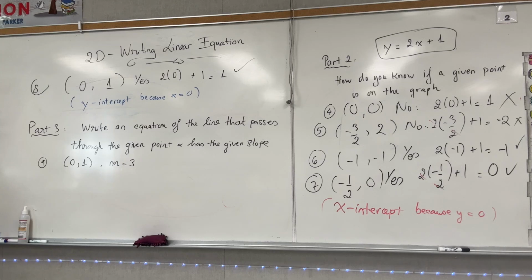It is correct, but another formula: y2 minus y1 over x2 minus x1. What is the letter we use for the slope? M, right? So let's just write M. Okay, so this is the slope.